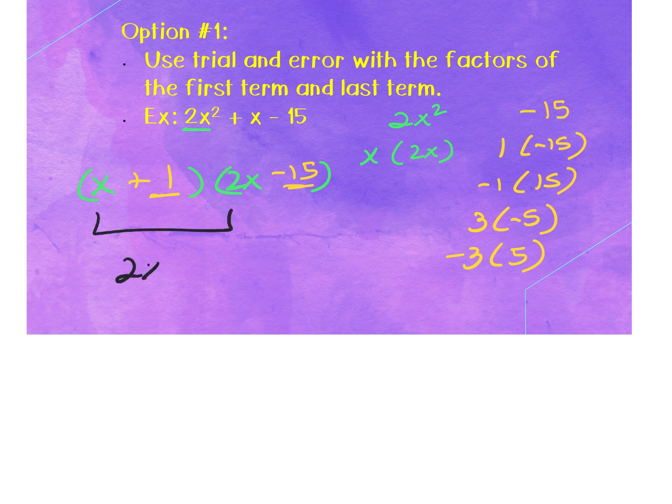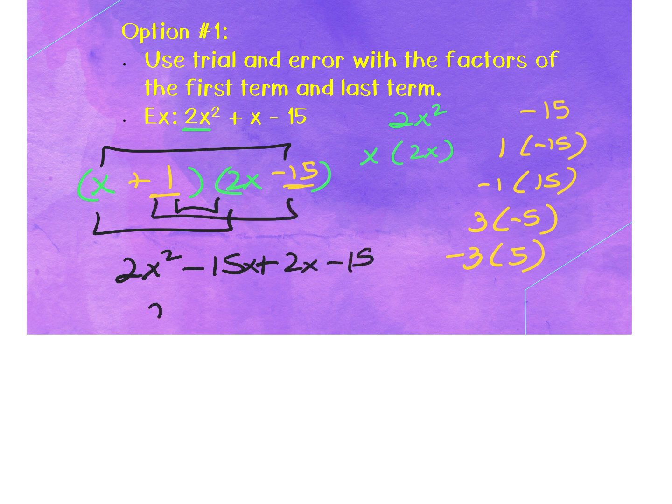So once I multiply this, first, outside, inside, and last, and I add those middles, really all you're checking is outer and inner. Notice it did not give me that. So this is wrong. Start over again.